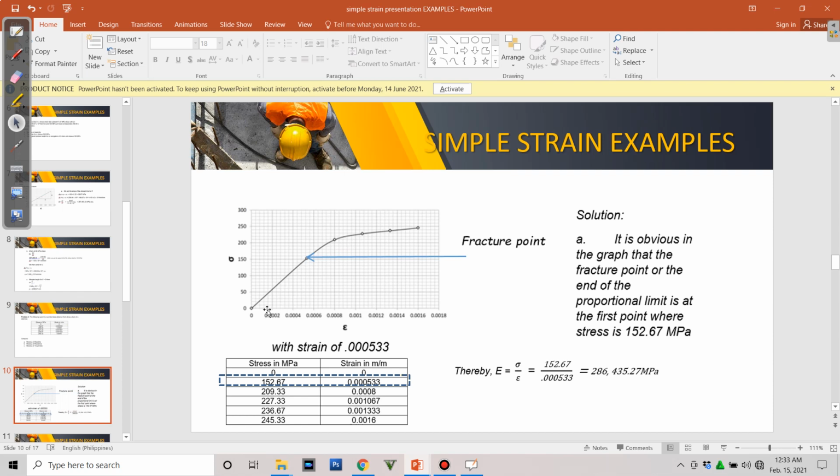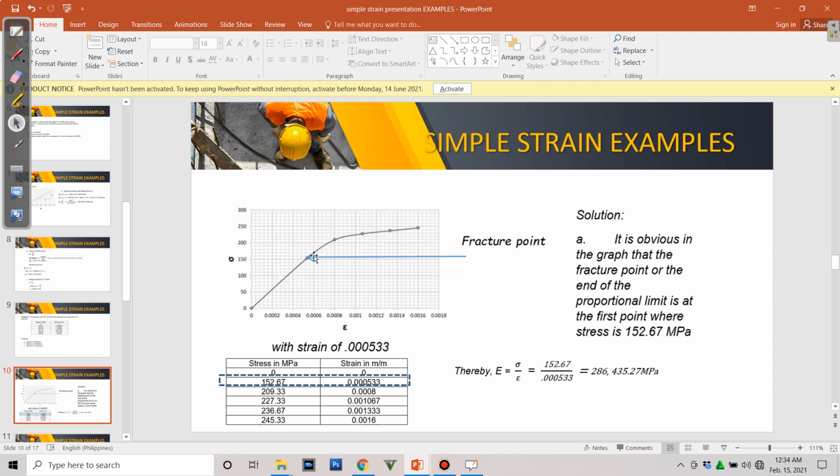So what is the purpose of graphing it? Because we cannot trace the fracture point, which is actually the point of transition between the straight line and the curved line. The fracture point is found to be on the first point, because the second value would not bisect this line up to the point of origin.